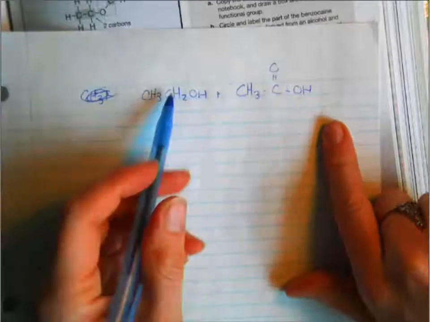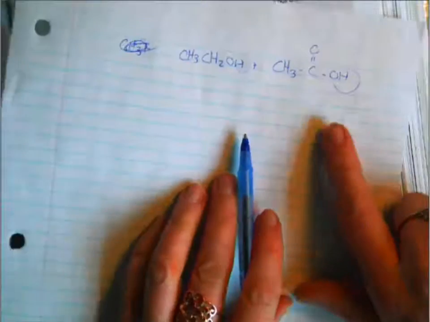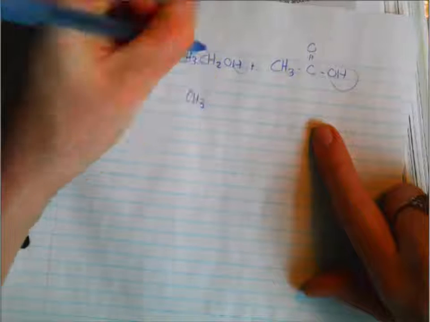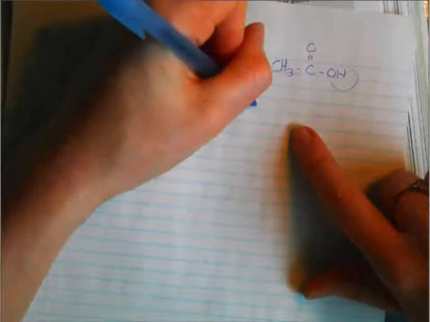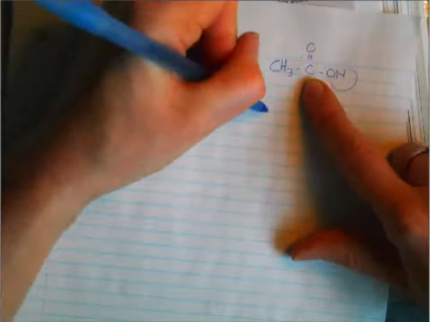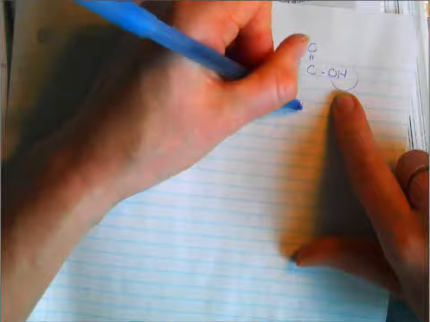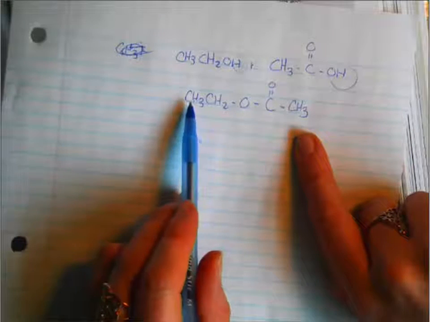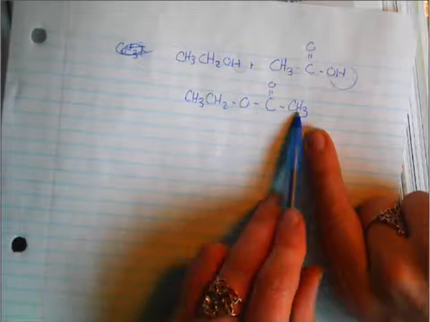So again, we need to combine these two together. So this hydrogen is going to join up with this hydroxide group to form water. And so we're going to have CH3, CH2, and then single bonded to an oxygen, single bonded to this carbon on this side, double bonded to an oxygen, bonded to a CH3. So there's our product, and so we would call this methyl ethanoate, right? Because you have 2 carbons there as well.